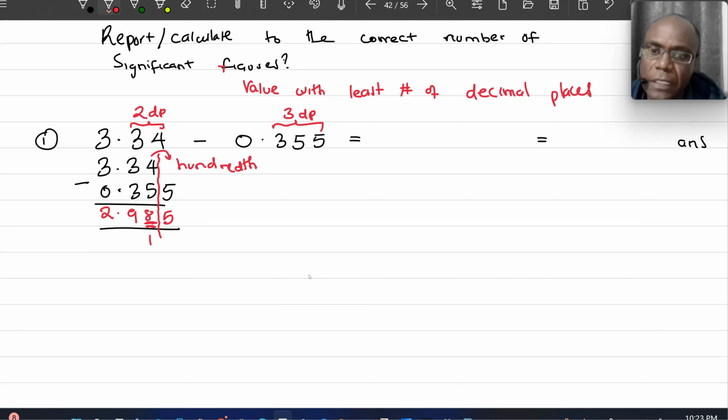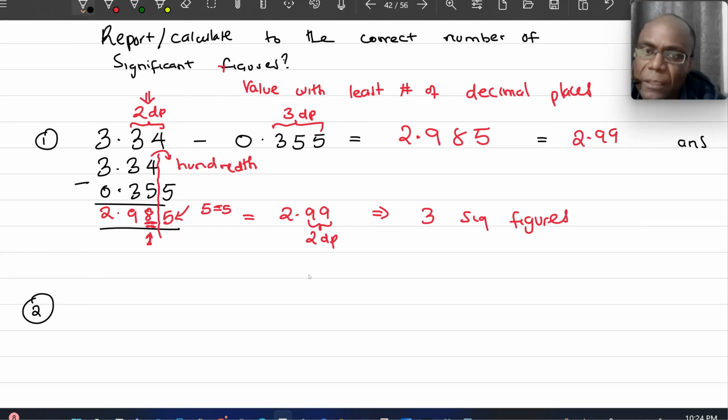Okay. So what if we are adding these two? Someone gives you this, and we are adding that to it. What is the unrounded number, and what is the answer to the correct decimal place and the correct significant figures? Again, I'll align my decimal places.